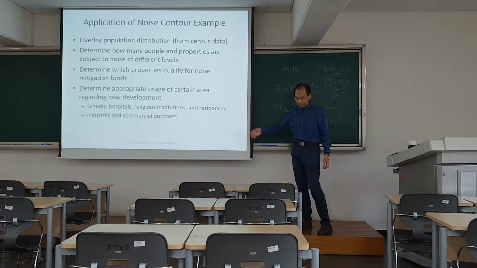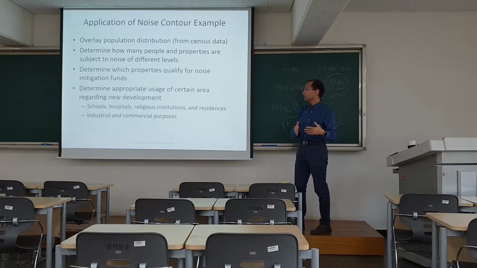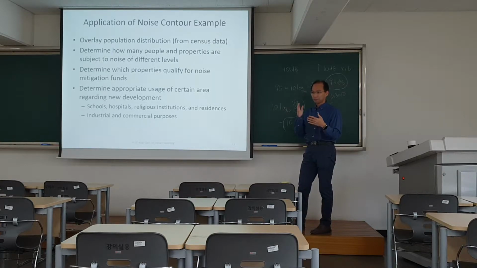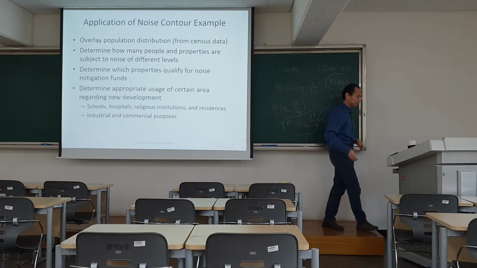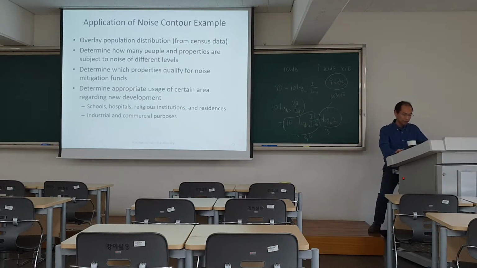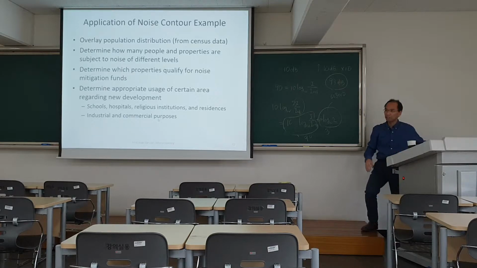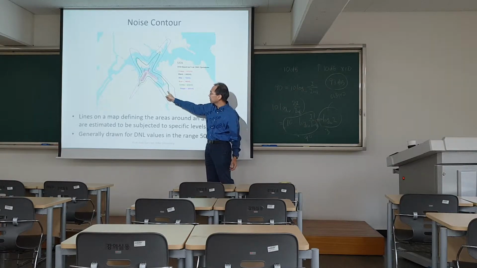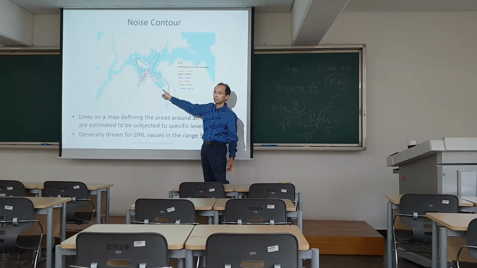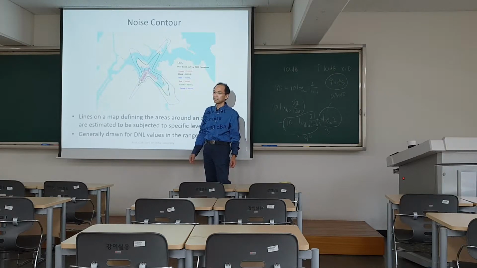As a regulator, the government can check that area, and if you're trying to build a school, they can say it's impossible, the noise level is above a certain level. Generally, schools, hospitals, religious institutions, and residences have a higher standard for noise, and industrial and commercial have a lower standard. So maybe in this area they cannot build houses, but they can build factories or shopping centers.